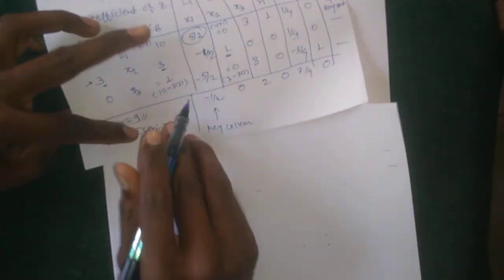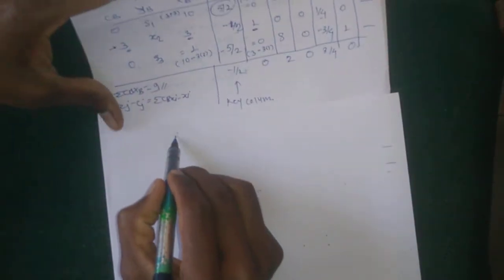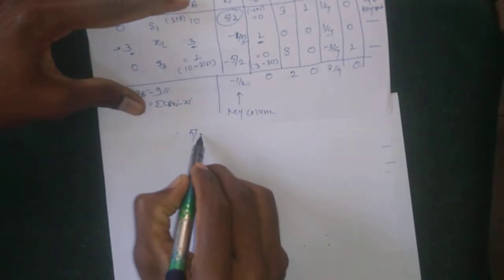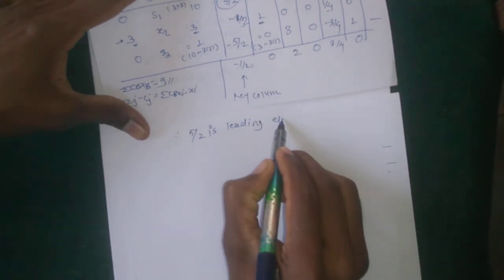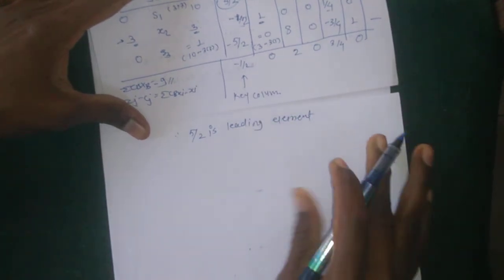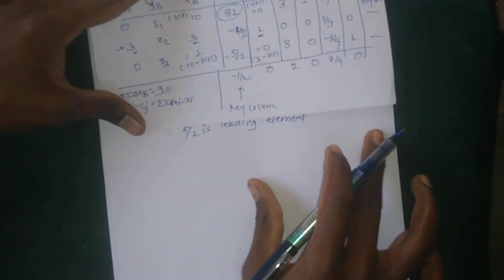Therefore 5 by 2 is the leading element, or pivot element, or key element.